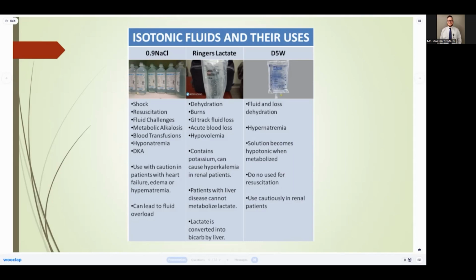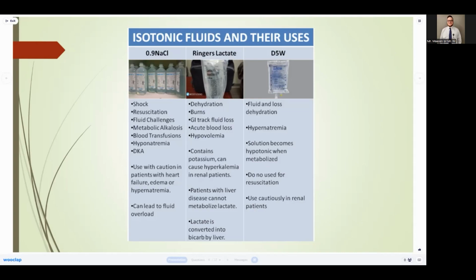Lactated Ringer's has more nutrients in it, more other electrolytes. So it has to be watched with patients that suffer from high levels of potassium. The liver has a hard time metabolizing lactate, but it's useful for more complicated cases of dehydration, burns, fluid loss in the GI tract, because that means that we're losing some of the nutrients there as well, that sort of stuff.